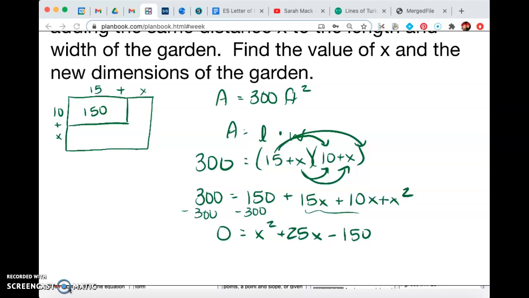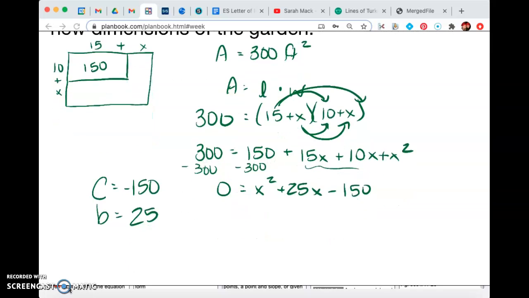Your C is negative 150. All right. So yeah, that will work. Okay, 15 and 10.